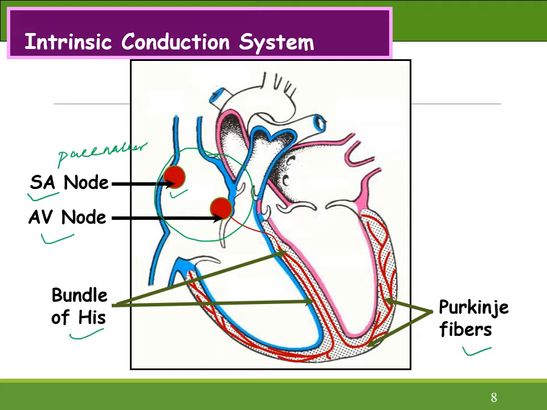So location of AV node is lower part of right atrium, between the right atrium and the right ventricle. This area is the right atrium. This one is the right ventricle.